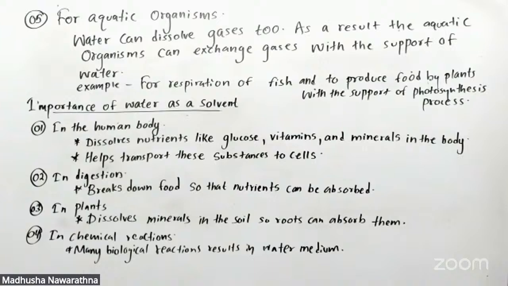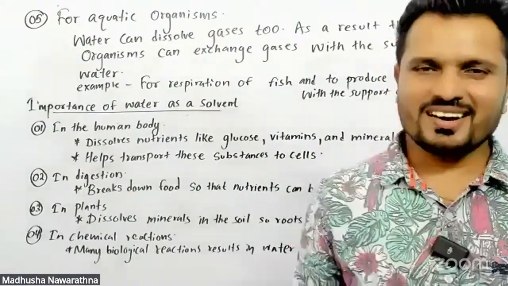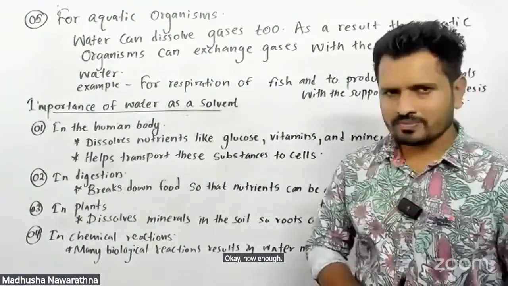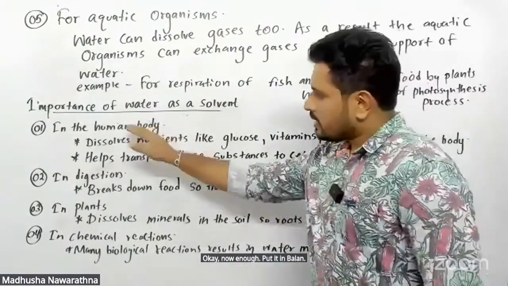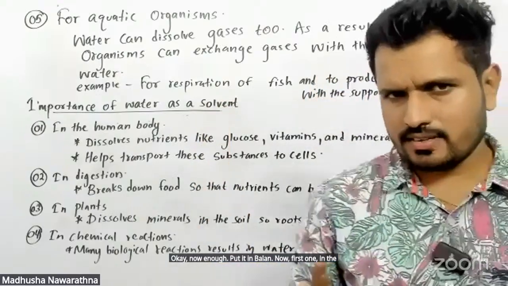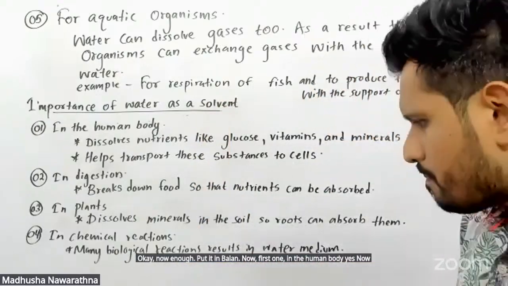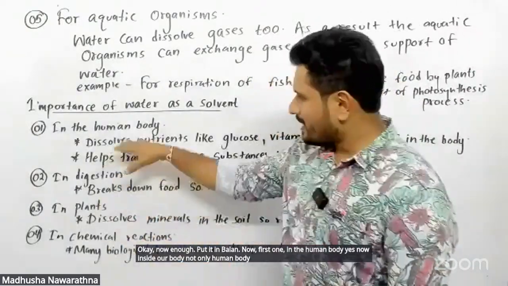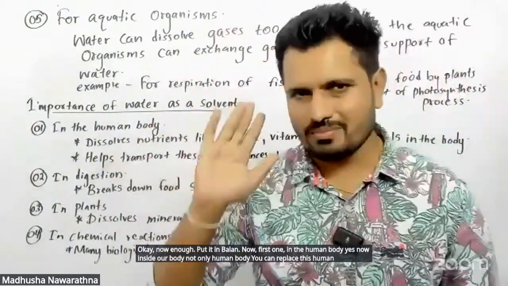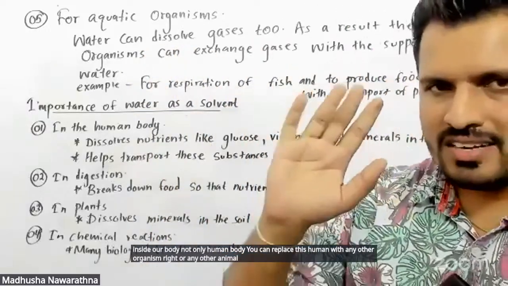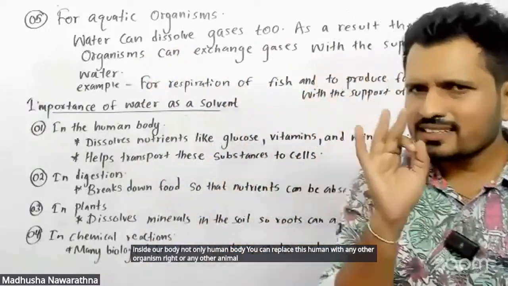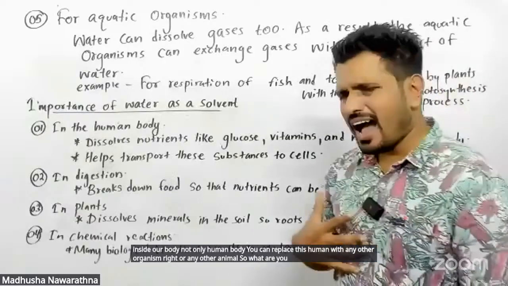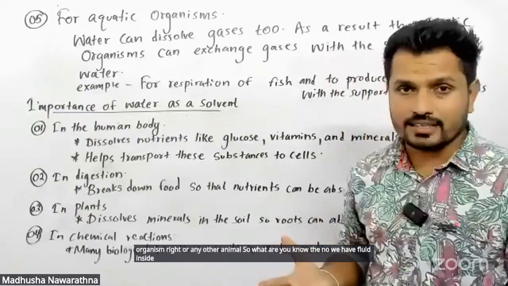Okay, now enough? Now look, first one: in the human body. Inside our body, and you can replace human with any other organism or animal, we have a fluid called blood.